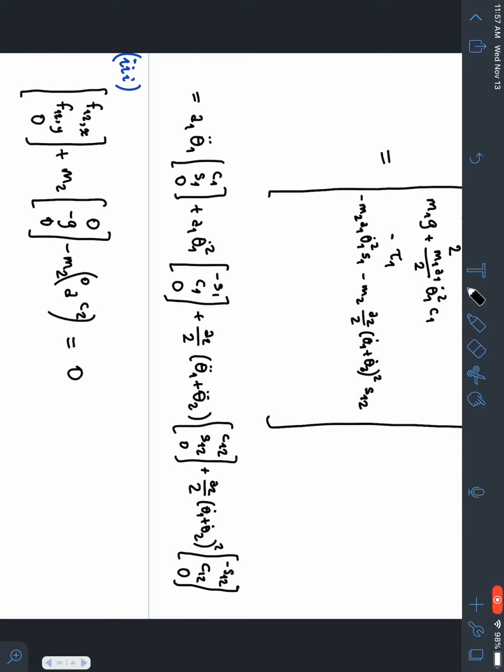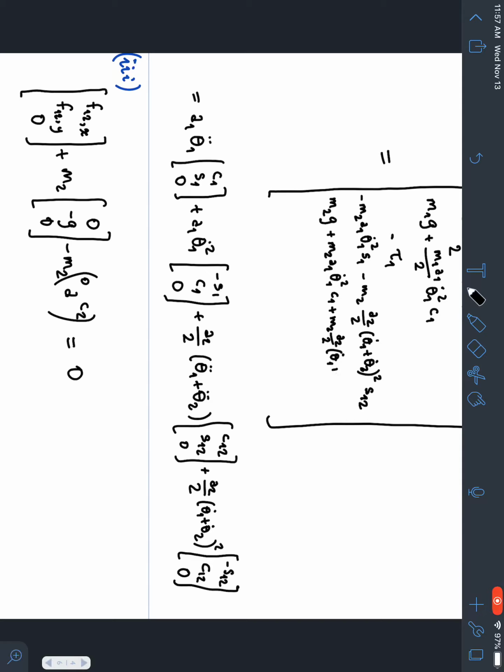Now looking at the second equation over there, I have m2 times g plus m2 a1 theta 1 dot squared cosine of theta 1, and then plus m2 times a2 over 2 theta 1 dot plus theta 2 dot squared.